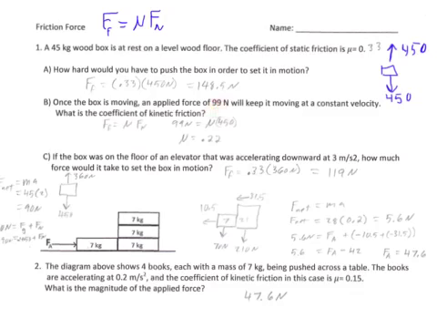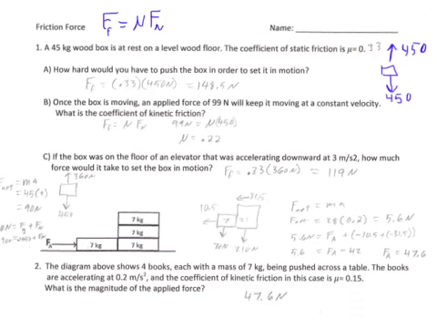If it's not accelerating, then I know that the applied force of 99 must also equal the friction force of 99. Otherwise, the box would be accelerating. So 99 is how much friction I'm encountering. The normal force acting on the box is 450 upwards, and then I just solve for mu, which is 0.22, which, as would be expected, is less than or equal to that one.